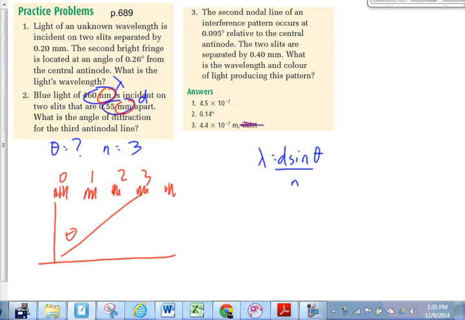This is valid anytime, so you don't need to worry about having to decide whether you're allowed to use it or not. If you're dealing with diffraction interference, it's valid. My suggestion for this one, since you're solving for theta, is probably plug your numbers in first and then rearrange it. Just simplifies it just a little bit here. Lambda is 460 times 10 to the minus 9 meters. D is 0.55 times 10 to the minus 3 meters.